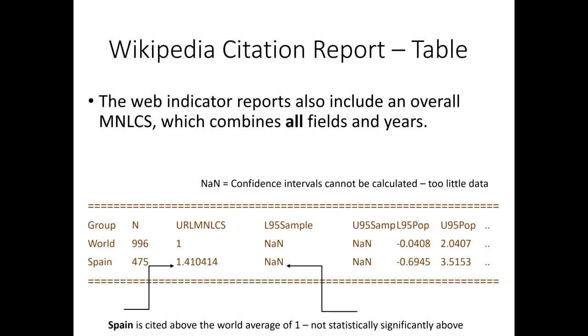And we have the corresponding result for all the fields combined, which is called URL MNLCS. And we don't get a confidence interval for that because of the number of zeros. This is for the MNLCS indicator, which, remember, is not the best one for Wikipedia.